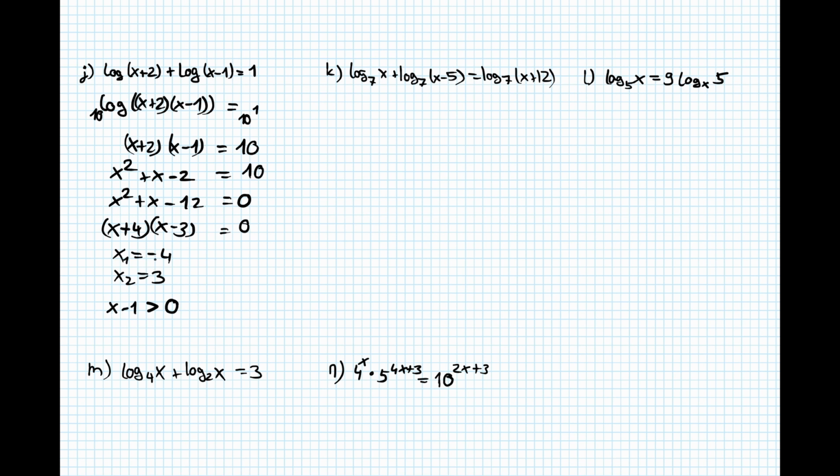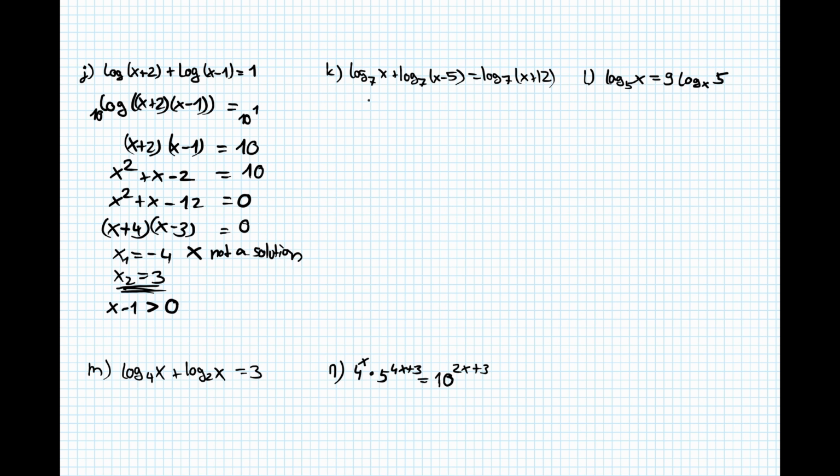And if you plug in negative 4, you will get negative 5, and that's actually negative, so you cannot have this as a solution. So this one here will be your final solution, x is equal to 3.